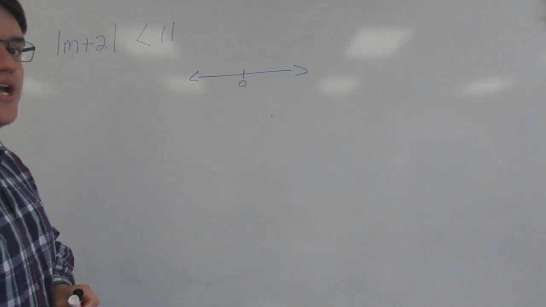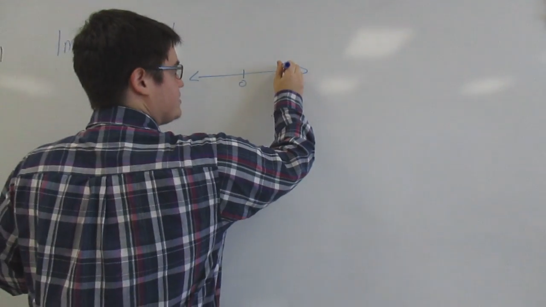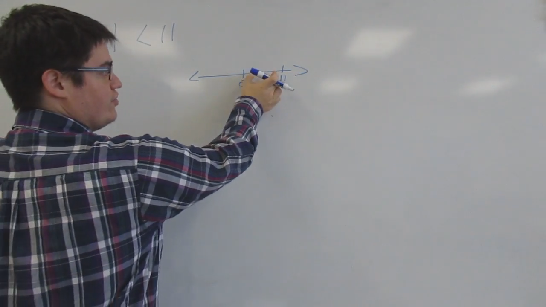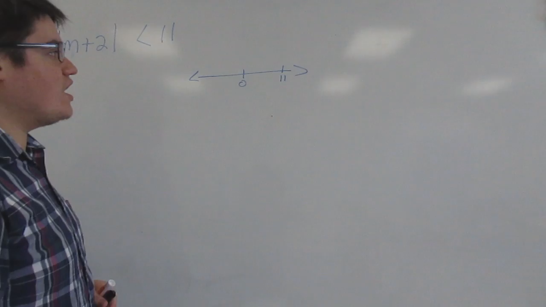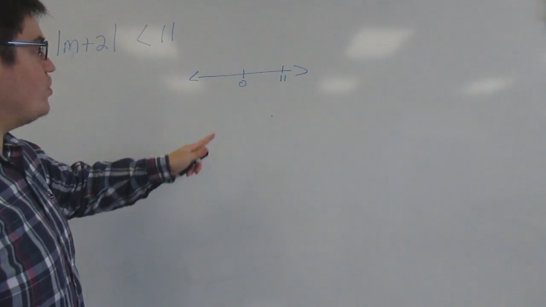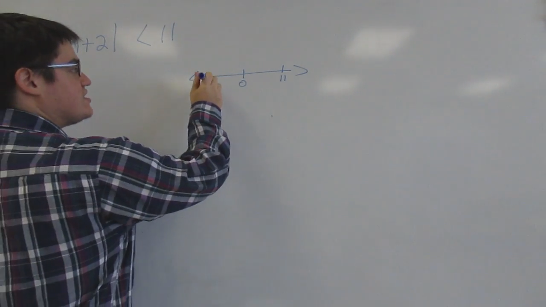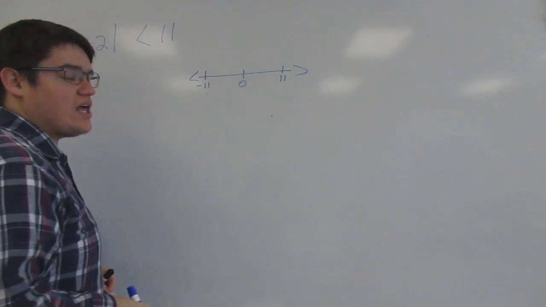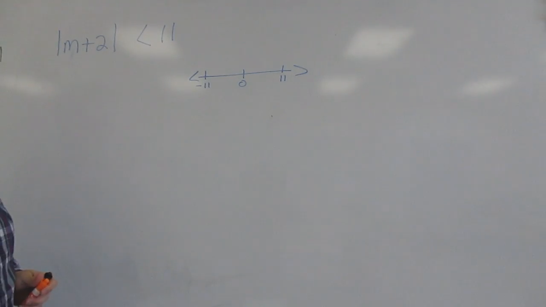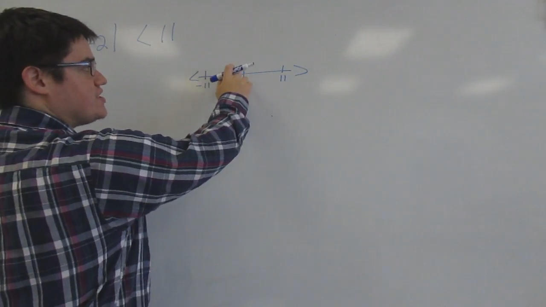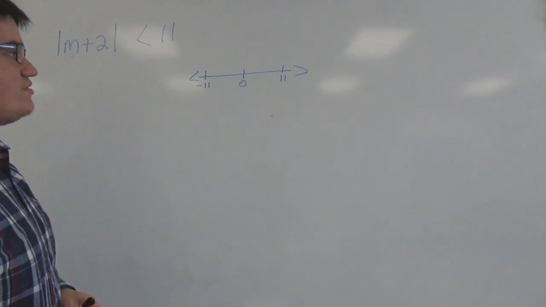We said the distance away is 11, so you could go 11 units that way. That distance right there is 11 units. But at the same time, we could go 11 units this way, and that distance is still 11 units. Yeah, it's negative, but the actual distance, you still walked 11 steps.